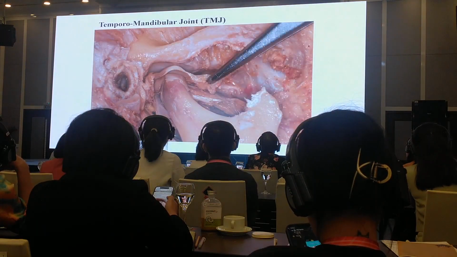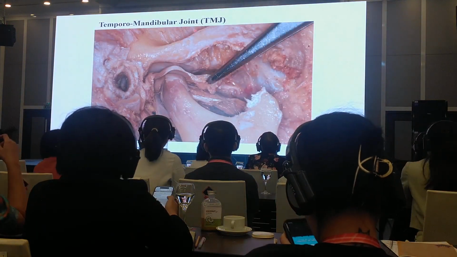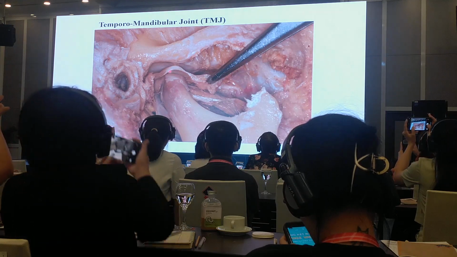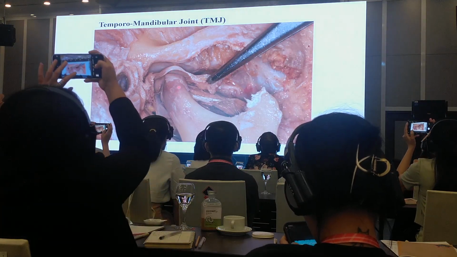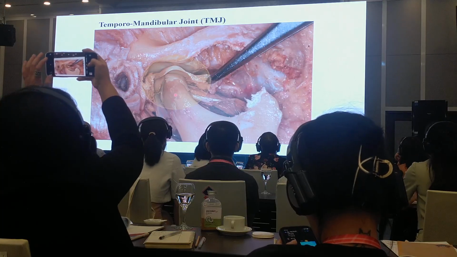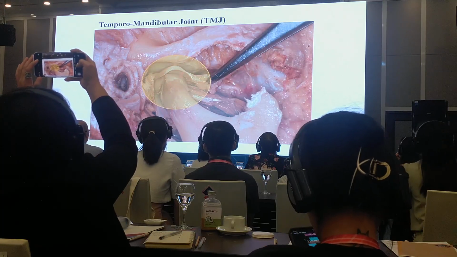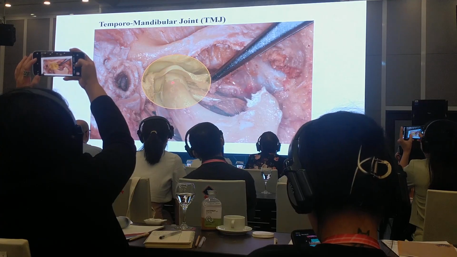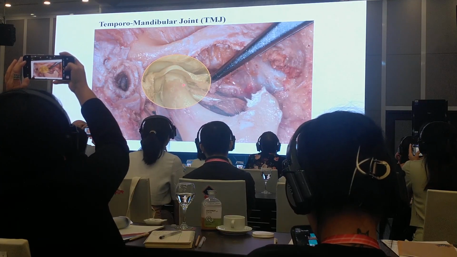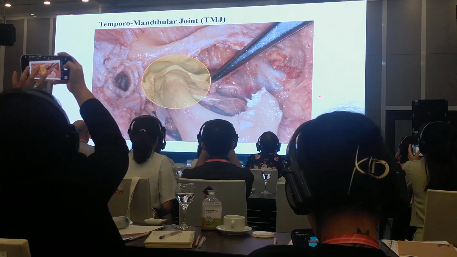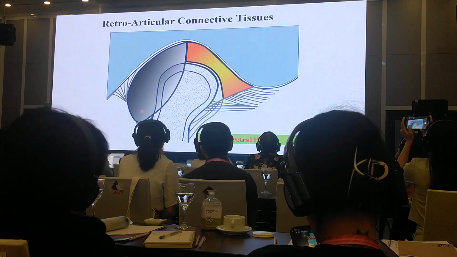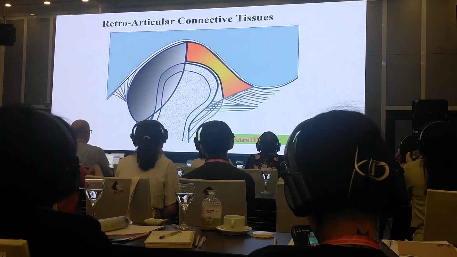Okay, this is a temporomandibular joint. Fossa, disc, condyle. But this is only where you are talking about the joint. In the craniomandibular system, for example, behind the condyle, we have a very nice system.